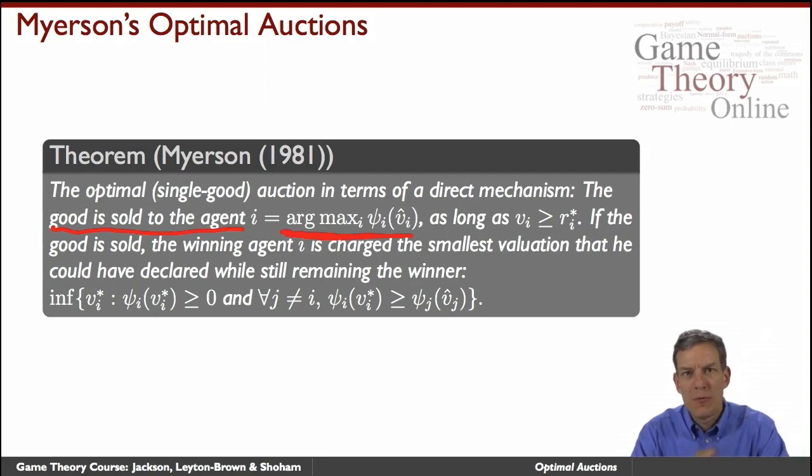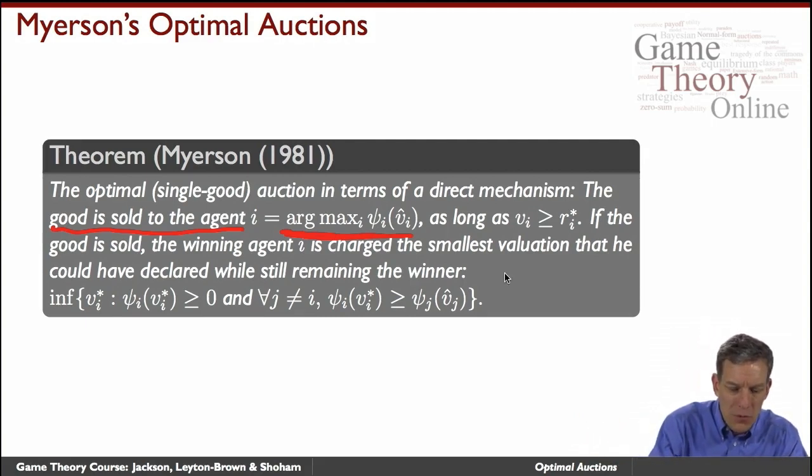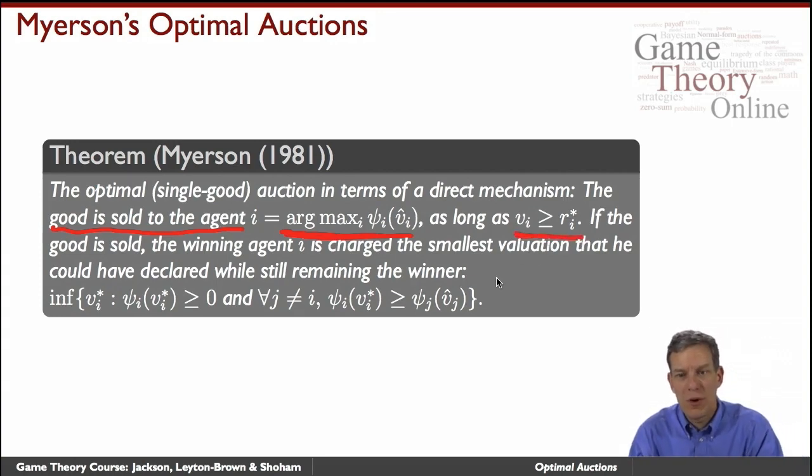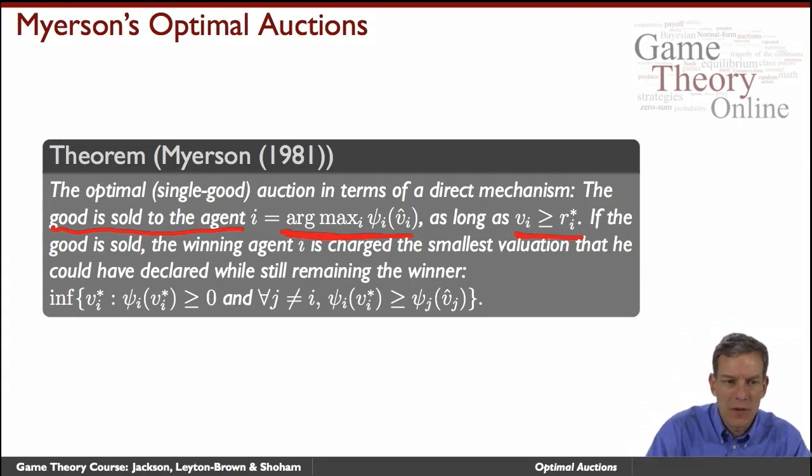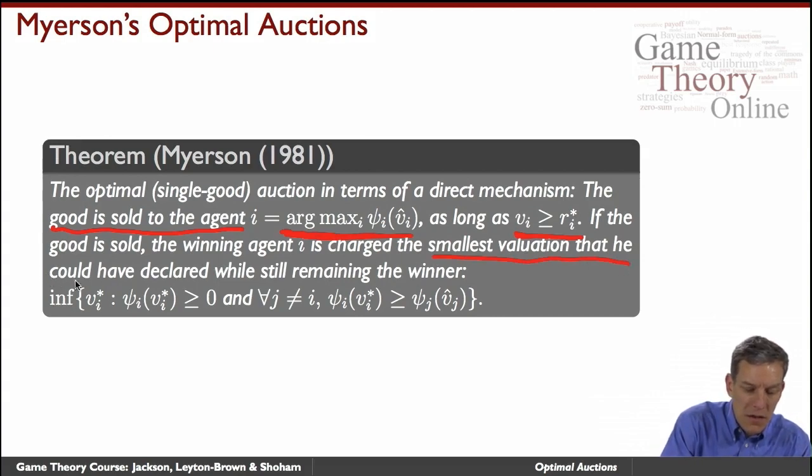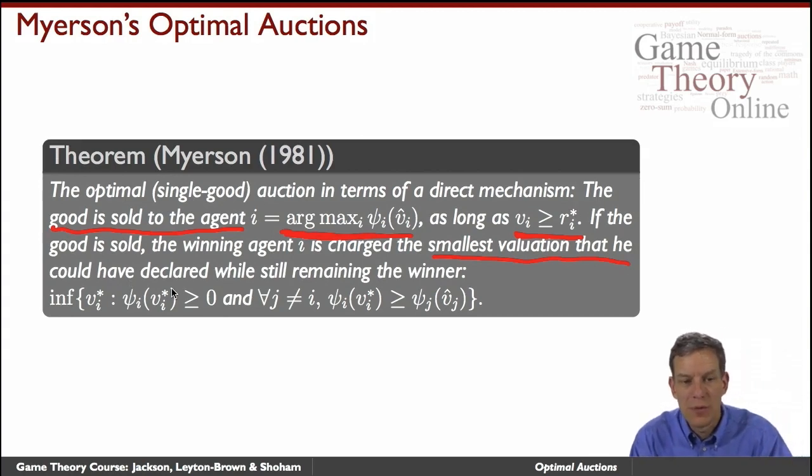So look at the different individuals, and instead of looking at who has the actual highest direct bid, we're going to use their virtual valuations instead of the direct valuations, okay? So we're going to make adjustments based on these virtual valuations. And we'll sell it to that person as long as their value is bigger than their reserve price. If not, then we won't sell it to anybody if this isn't satisfied. If the good is sold, then the winning person is going to be charged the smallest valuation that that person could have declared and still been the winner.